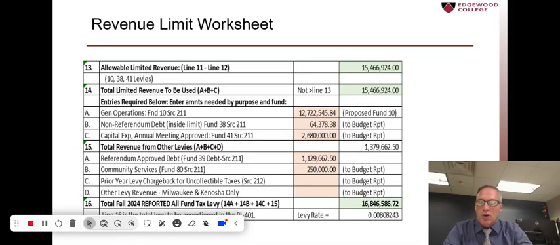And I just want to point out that right on line 14B, we are going to put in $64,378.38, and that's going to cover our payment each year. So we'll do this every year on line 14B, we'll put in our non-referendum debt of $64,370.38.